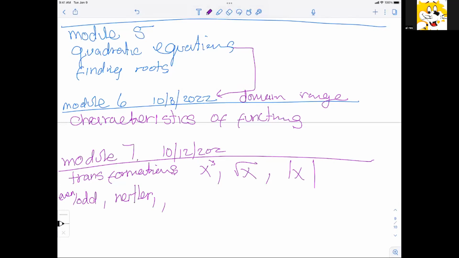And we did linear inverse. And I understand on the homework, they go into the inverse of quadratics and parabolas, but again, only what I went over, linear inverse.